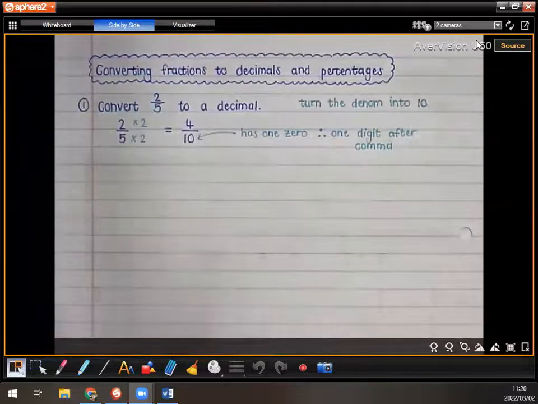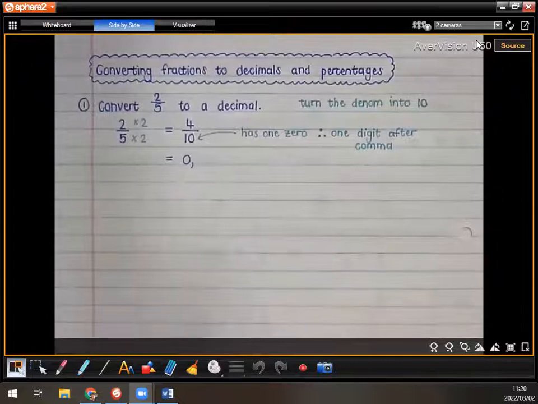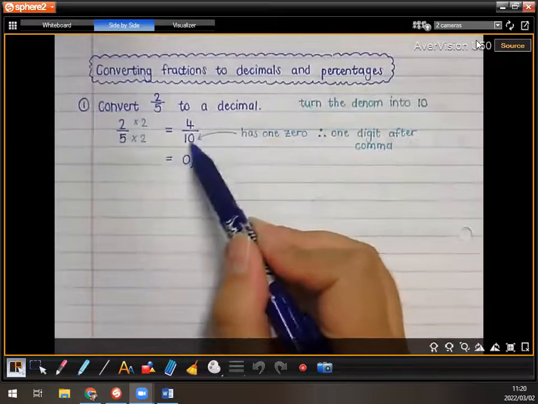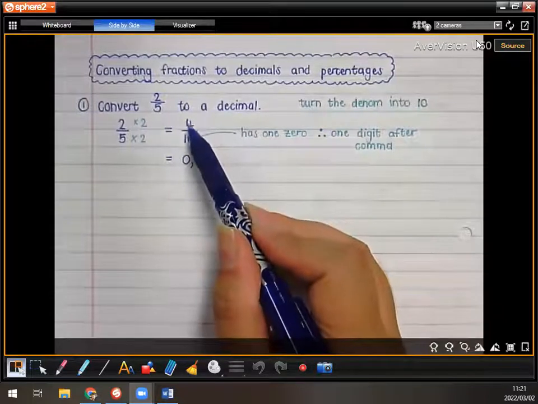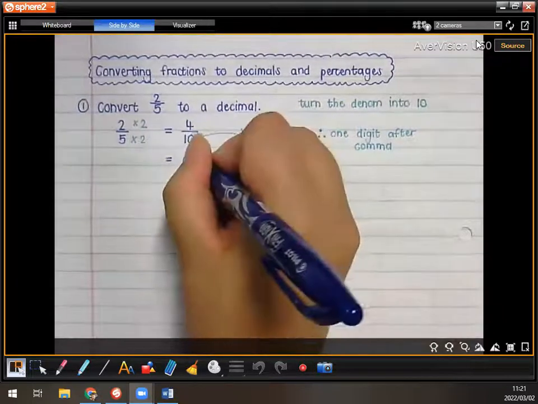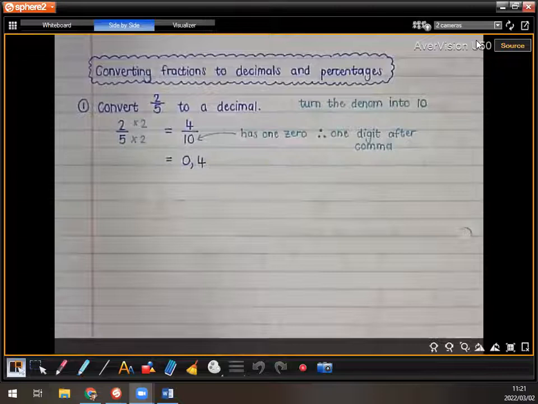What do you guys think? A 0. Okay, so we're going to say 0, comma. There's 1 zero in my denominator, so there must be 1 digit after the comma, and that digit is going to be the numerator. So 0, comma 4. So 4/10 is 0, comma 4.